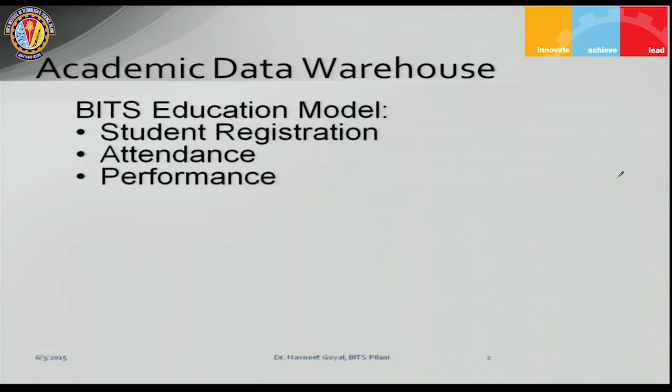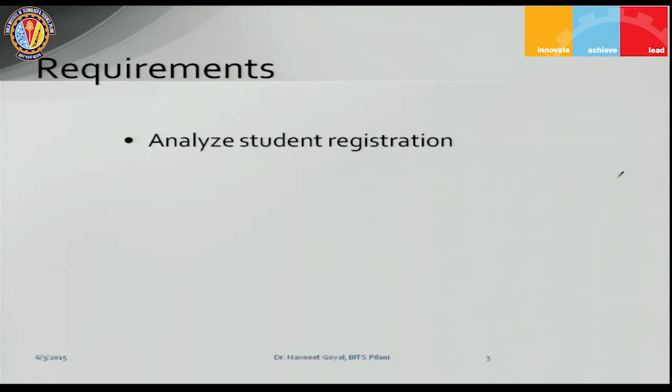So let me begin by giving certain details. Requirements: before you set out to design a data warehouse, you need to come up with a set of requirements. We call it requirements analysis, that is the normal term that we use in the software industry, but here it is called analysis requirement. What kind of analysis are you trying to do?